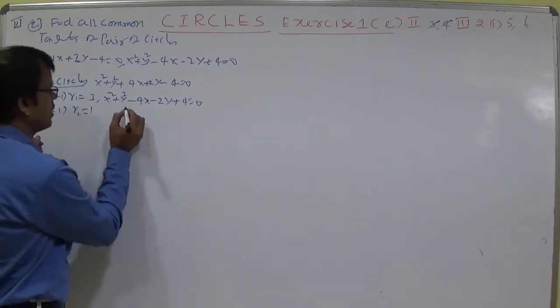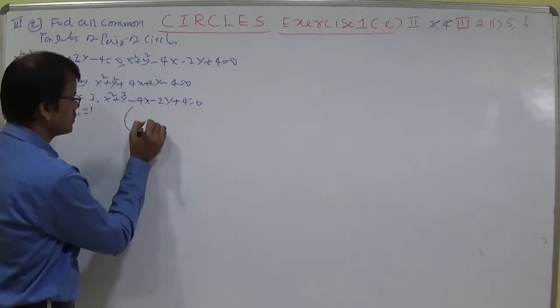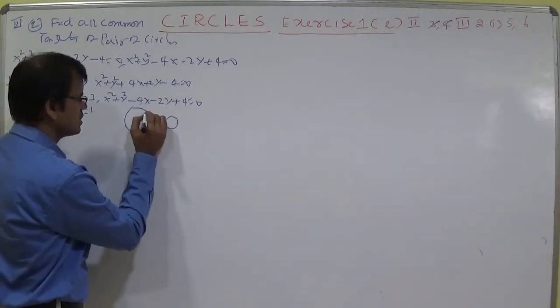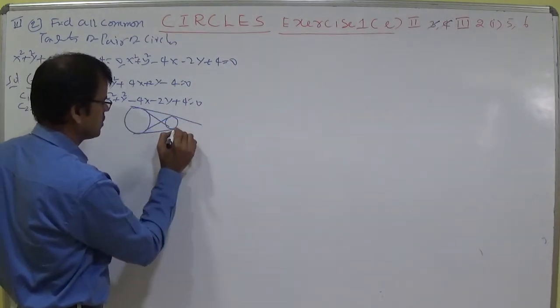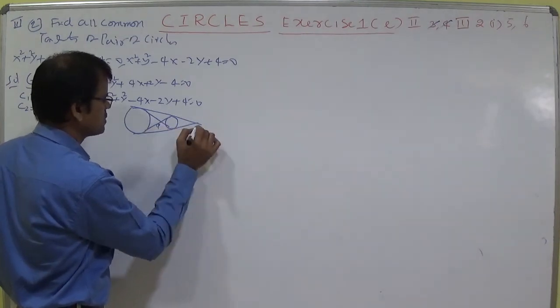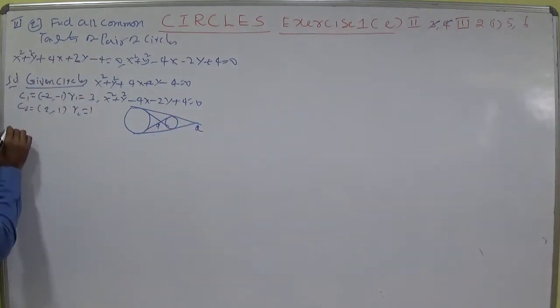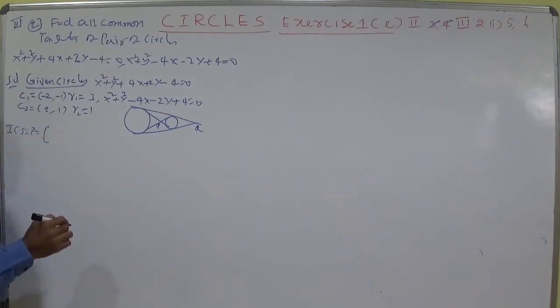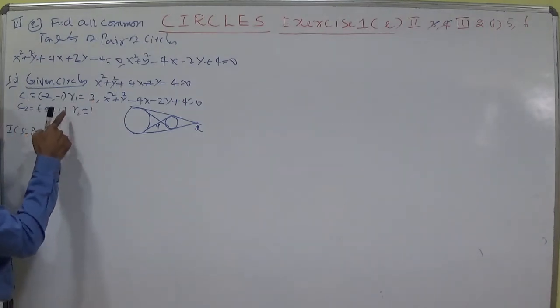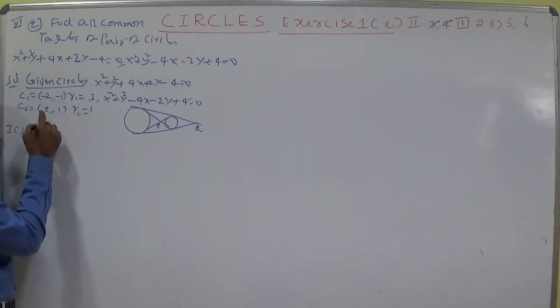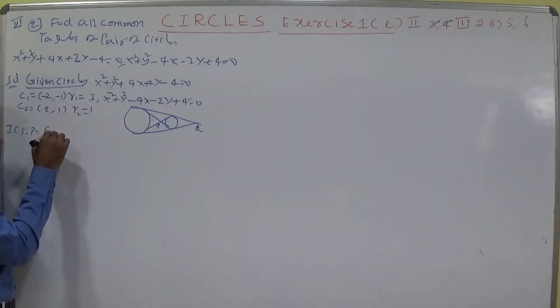We should calculate all common tangents, so you should consider TCT and DCT also. Put here P. Let us find ICS P using the formula (R1 x2 plus R2 x1) by (R1 plus R2). R1 is 3, 3 into 2, 6, plus R2 x1, so minus 2, 6 minus 2, 4, 4 by 4, it is 1.